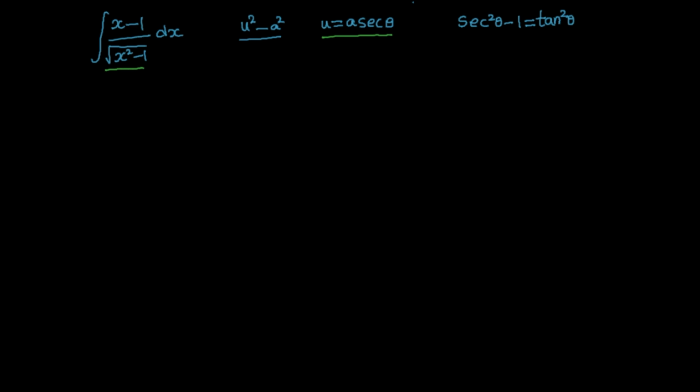Here we have x square minus 1, so I can write this as x square minus 1. From this x is equal to u, so I can write this as x is equal to secant theta.